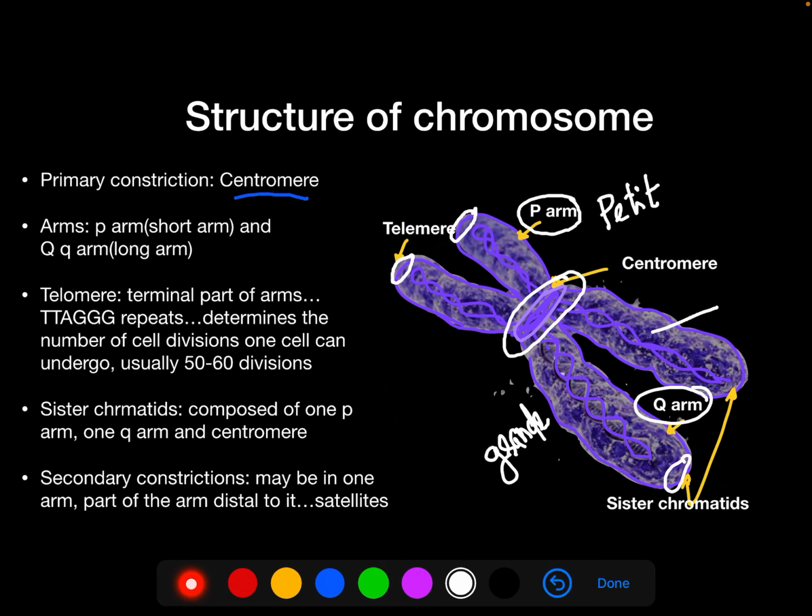The telomeric ends consist of TTAGGG repeats. The number of repeats determines the number of cell divisions it can undergo. Normally, a cell can undergo 50 to 60 cell divisions.